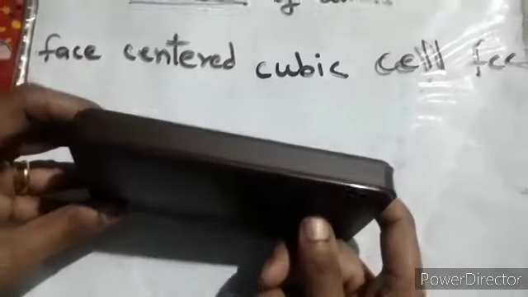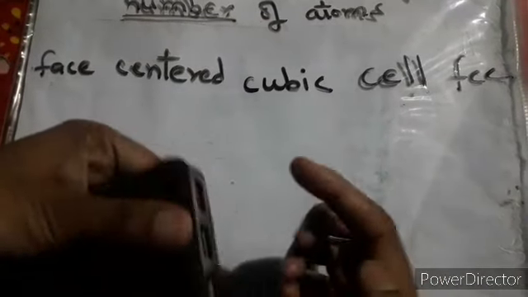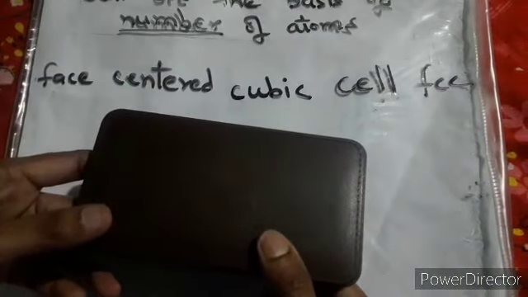Just see, these are the corners: 1, 2, 3, 4, 5, 6, 7, 8. I am not having the square object, but I am showing you this object so that you can understand where you can place your atoms. So once again, 1, 2, 3, 4, 5, 6, 7, 8. This is the case of the simple cubic cell.